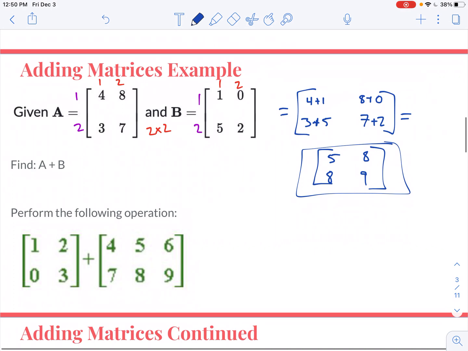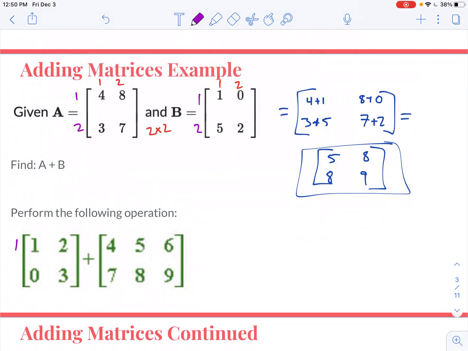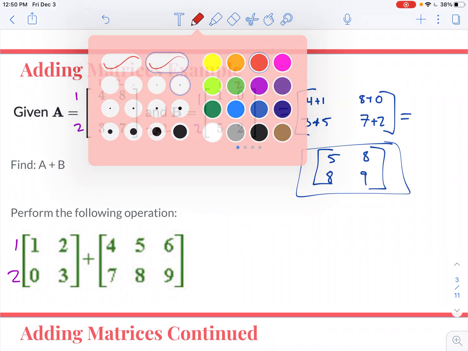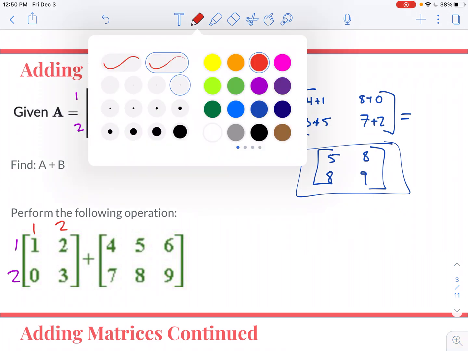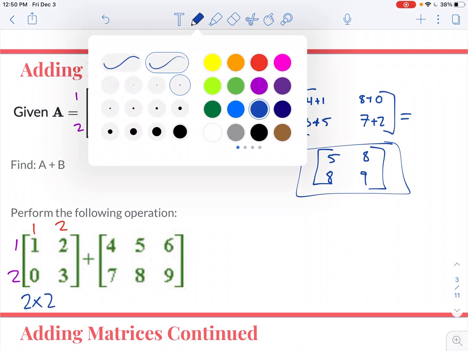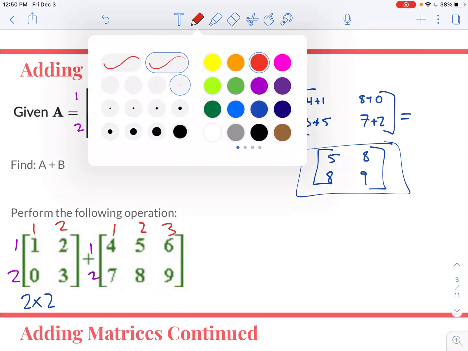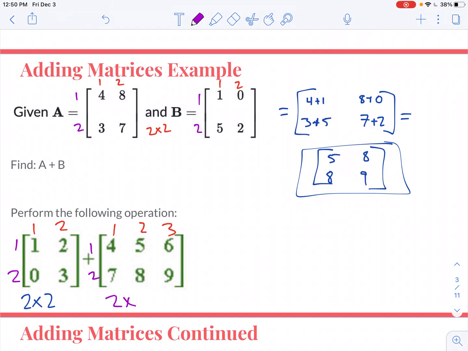So down here, when I say perform the following operation, here I've got 1, 2 rows by 1, 2 columns. So this is a 2x2. Here I've got 1, 2 rows with 1, 2, 3 columns. So this is a 2x3 matrix.